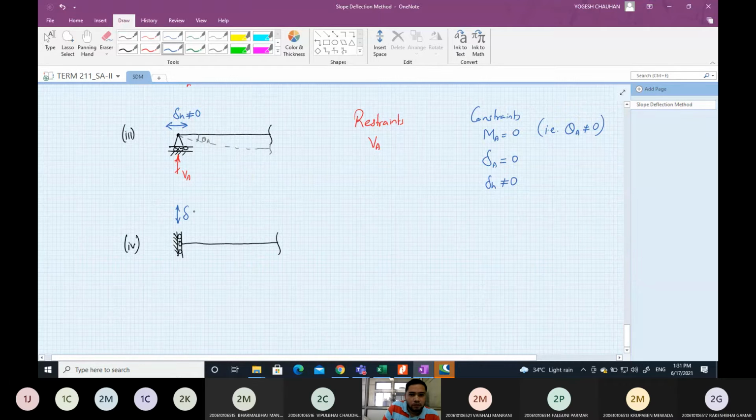So your delta A is also not 0 in this case, but this will offer one moment and the horizontal reaction. You see the deflected shape like this.